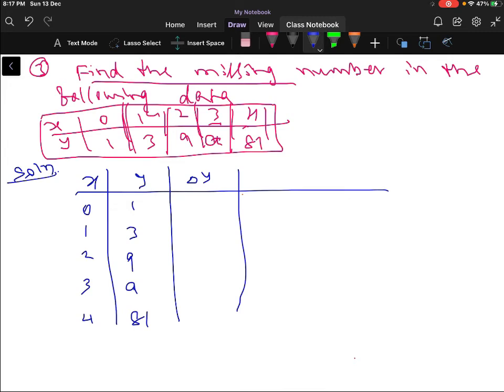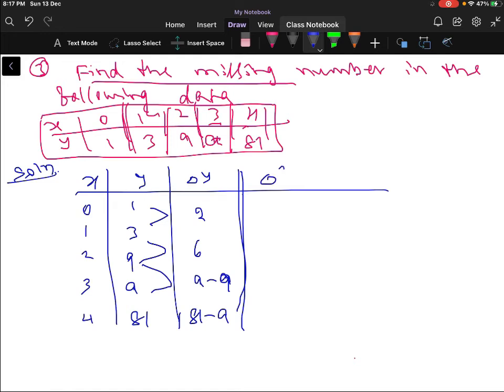Let us construct delta y. 3 minus 1 is 2, 9 minus 3 is 6, a minus 9, 81 minus a.